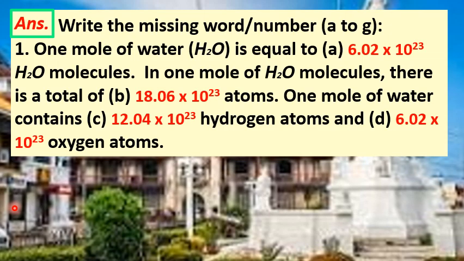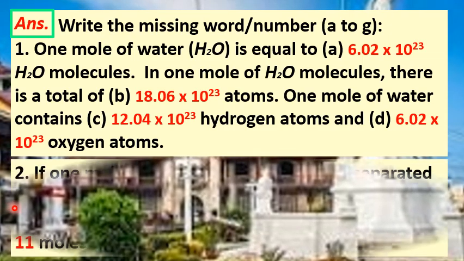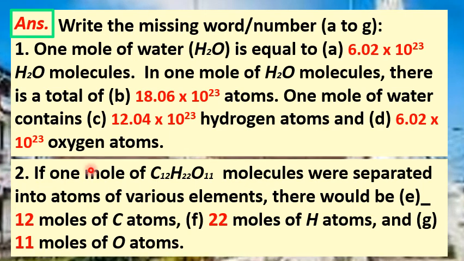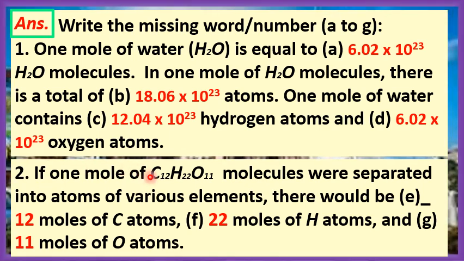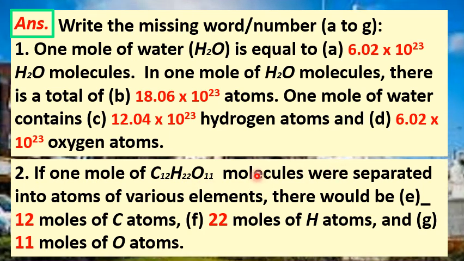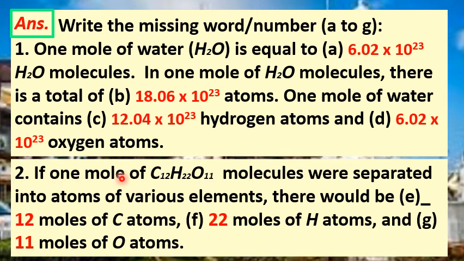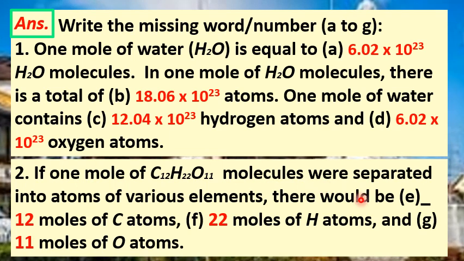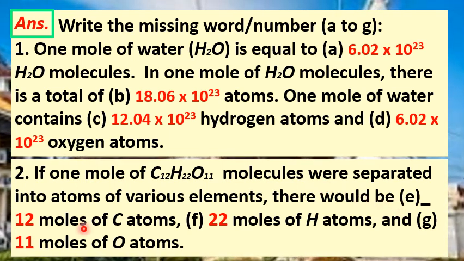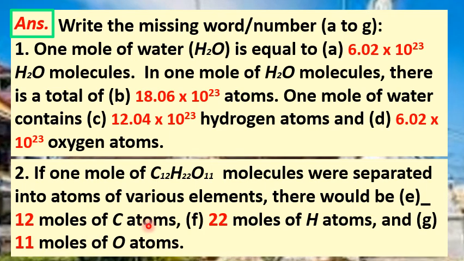And moving on to question number 2, here are the answers. If 1 mole of sucrose, C12H22O11 molecules, were separated into atoms of various elements, for letter E, there will be 12 moles of carbon atoms.